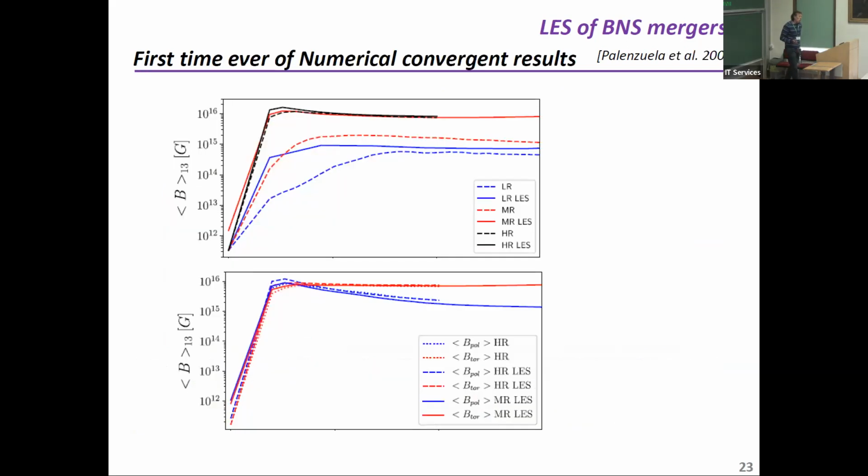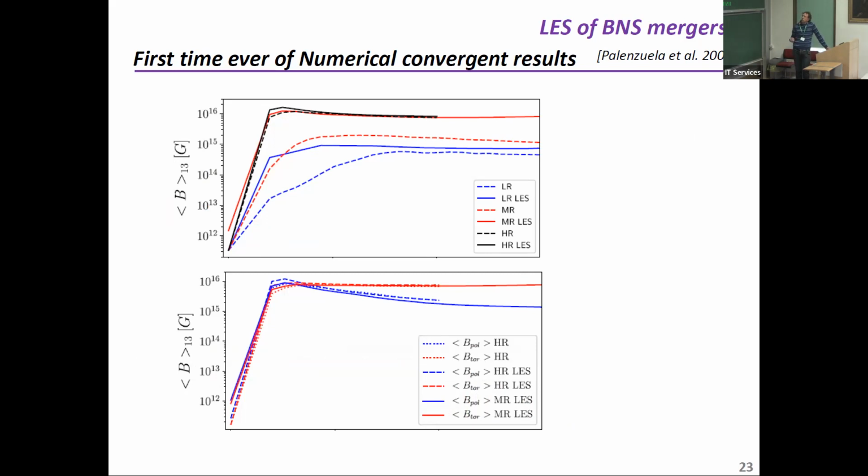When you want to do an analysis, besides the visual effect, the results are really promising, and we were very happy to see this. Basically, you take again a low resolution case in blue, a medium resolution, and a high resolution. This is the average magnetic field in the central part of the remnant, where the field gets more amplified.